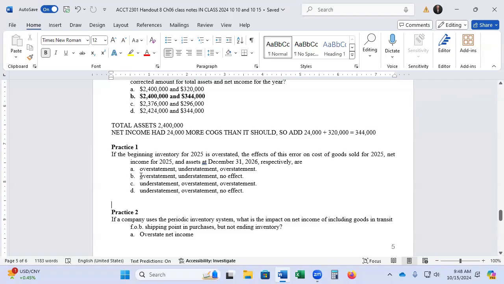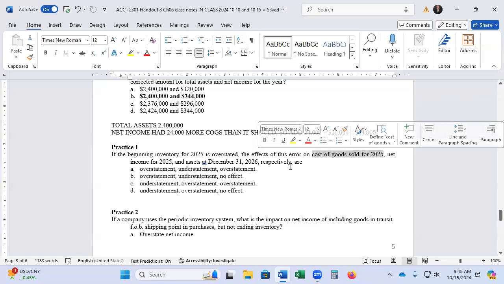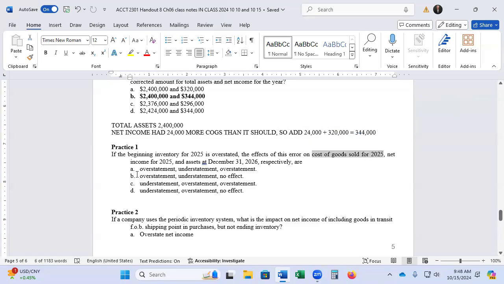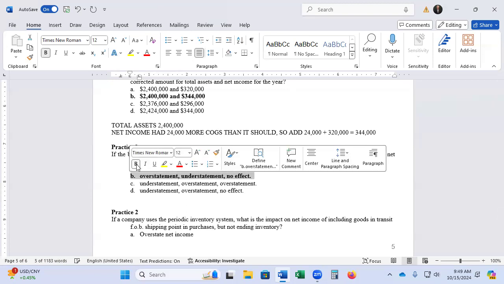So you have to try to get the order right. Cost of goods sold, okay. The error on the cost of goods sold is an overstatement, so we know it's either A or B. Net income, because it's overstated, gets understated. And assets at December 31st, there is no effect. So the answer is B.